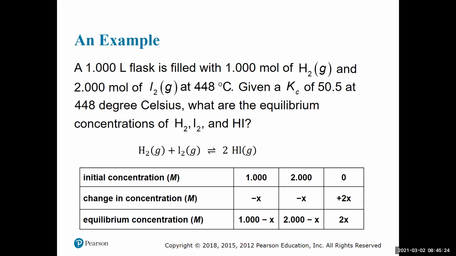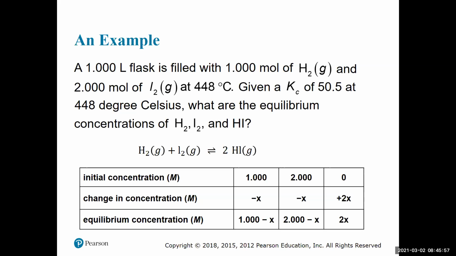So if we define an amount as X, then we'll have minus X and minus X for the H2 and I2 changes, and twice that amount, because of the stoichiometry once again, for HI. On the left-hand side, those are the reactants, so it's a negative value. On the right-hand side, the products, that's a positive value because that's what we're forming, so that concentration is increasing.